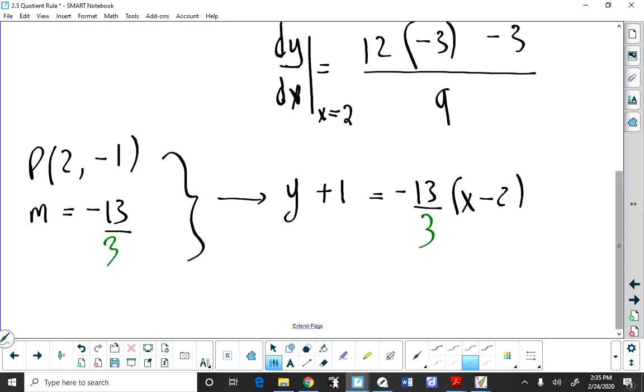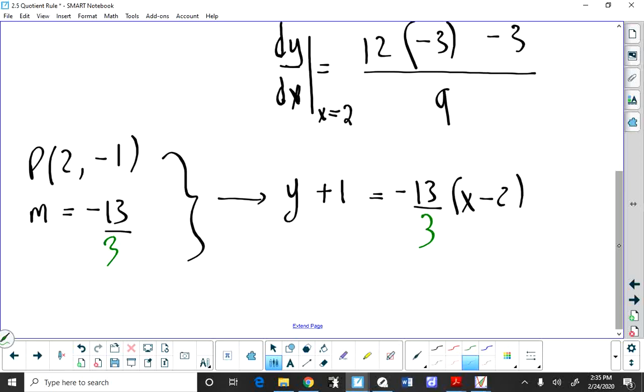Right. Personally, I would just multiply both sides by 3 here. I wouldn't carry that 13 thirds through as a fraction, because we want our final equations in the ax plus by plus c form where there's no fractions.